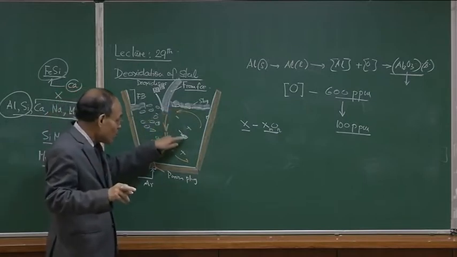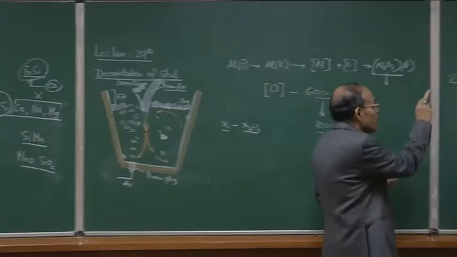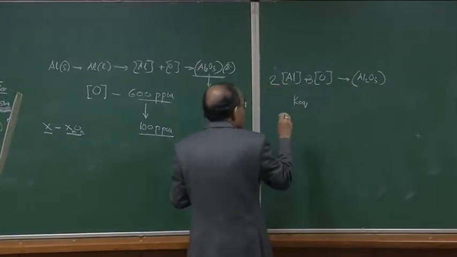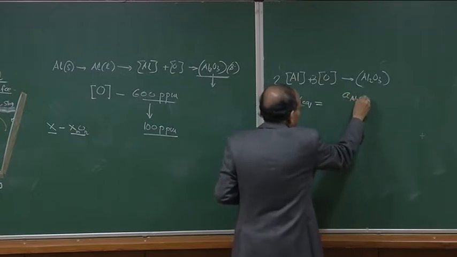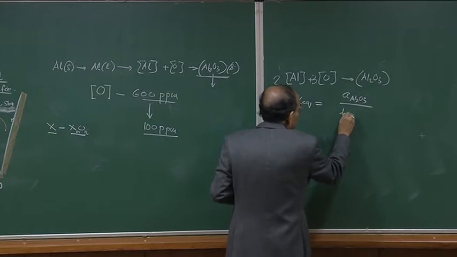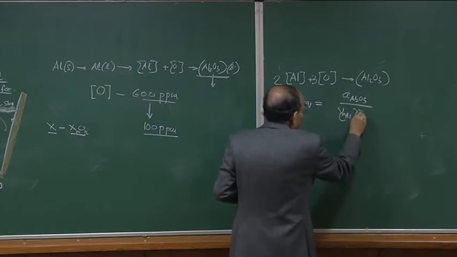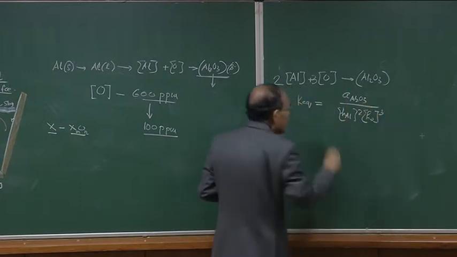Because this has nucleated within the melt, we are talking about equilibrium between the melt and the deoxidation product. If this equilibrium is established, then we have the activity of Al2O3, and we can say that this is Henrian activity of aluminum squared, and then Henrian activity of oxygen cubed. That is what it is.